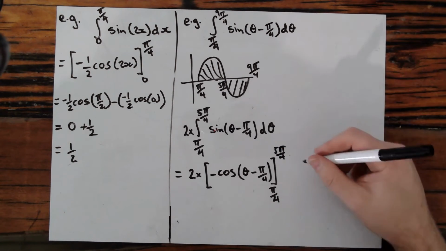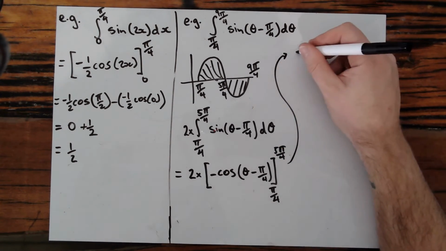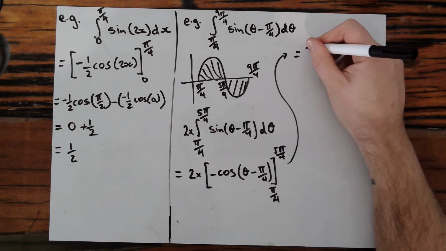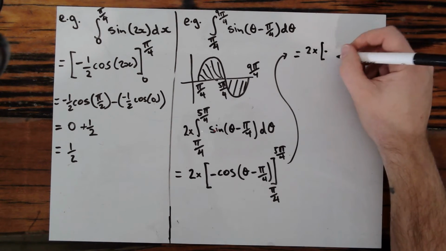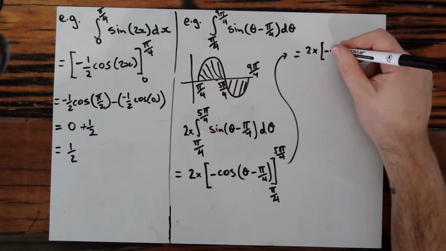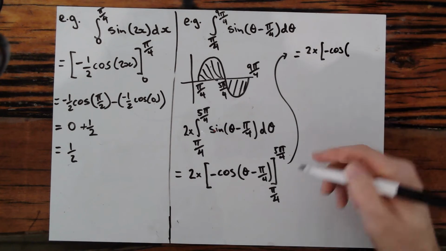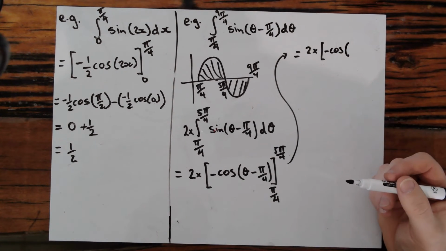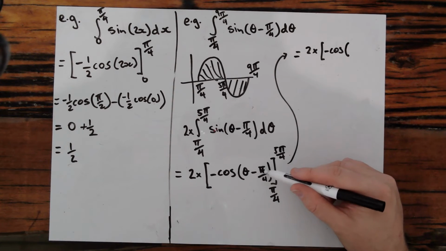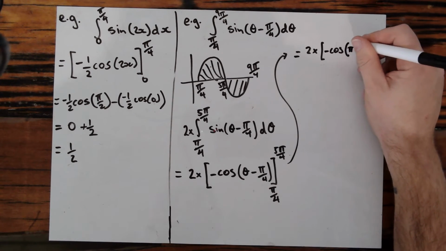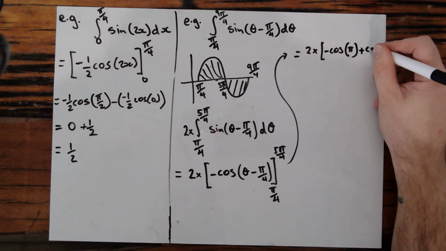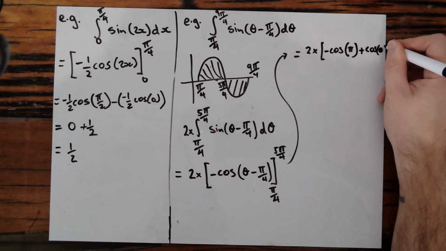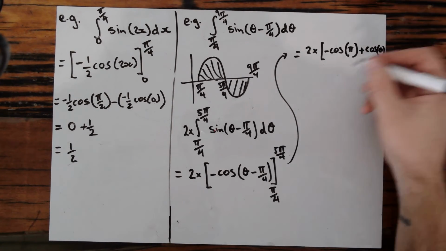I'm going to get 2 times negative cos of, now we've got 5 pi on 4 take pi on 4, which leaves us with just pi. Then I'm going to take away a negative, so it's going to be plus cos of 0.